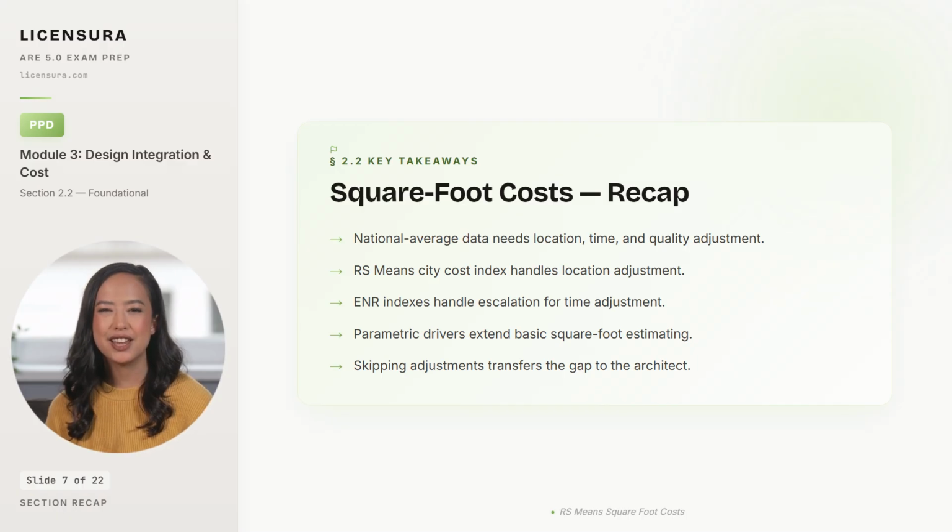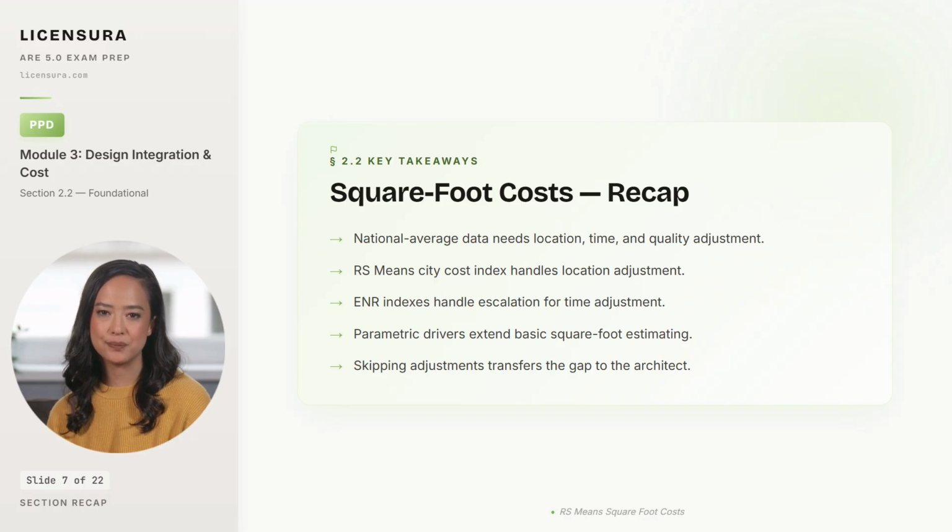Engineering News-Record indexes handle the time escalation adjustment because construction costs rise 3 to 8% per year, and using a base year more than 12 months stale without escalation understates real cost.